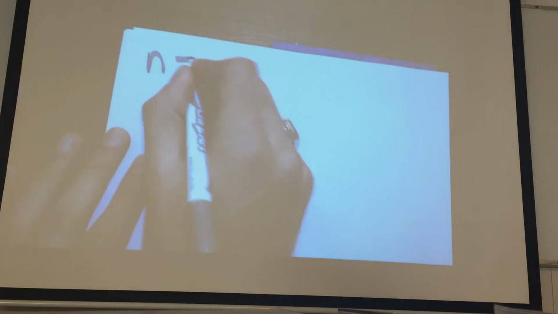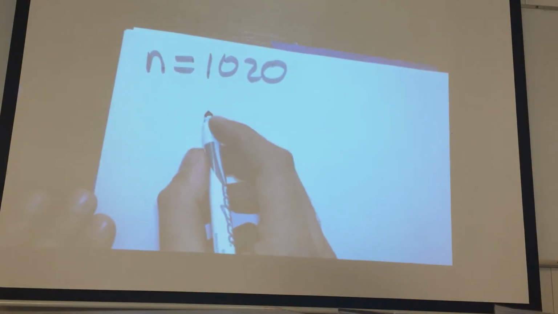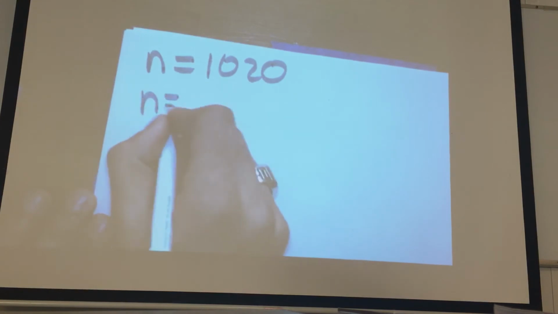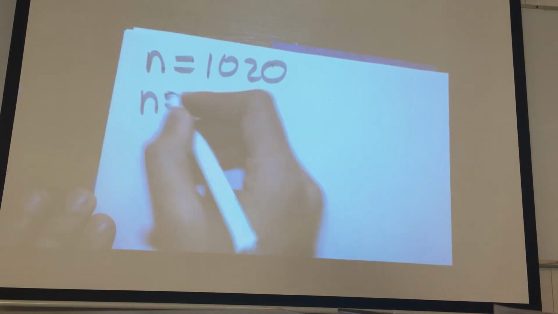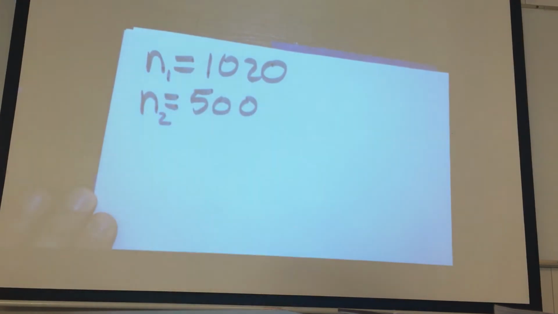A recent poll of 1,020 randomly selected voters found 484 responding in favor of Pete. He wants to take another poll, but he only has enough money to poll 500 voters. So N initially was 1020. And the new N is 500. We want to say N1 and N2.